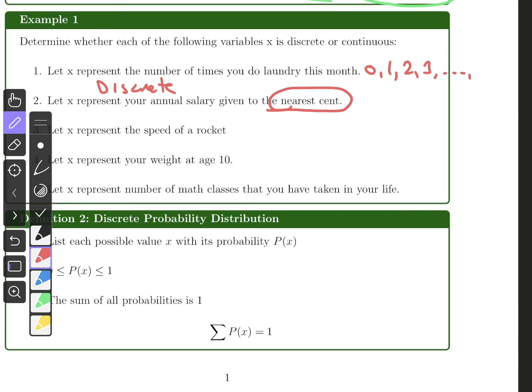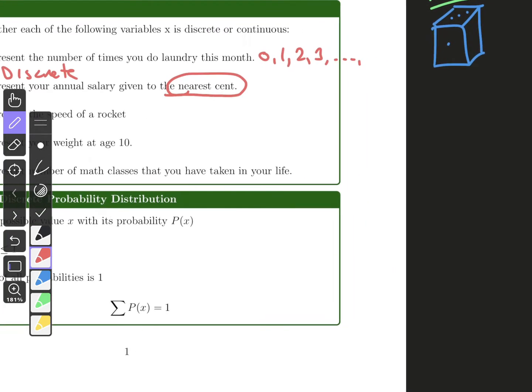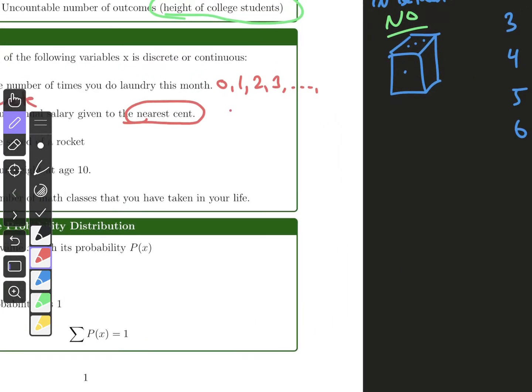I mean, you can go up to billions and billions, but the idea behind uncountable is if somebody has a salary of exactly 30,000, then the next salary would be 30,000 and one cent. Nobody exists between here. You can't have a salary between those two, and it's due to the rounding, okay, to the nearest cent. So that's what ends up making it discrete.